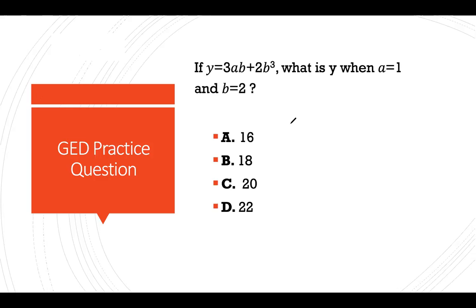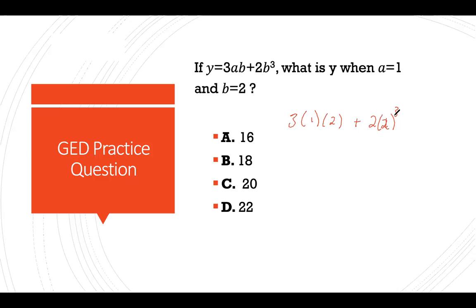Jules, yeah, it is replacing, right? We replace the letters with the numbers. So instead of a, I'm going to write 1. Instead of b, I'm going to write 2. So I have 3 times 1 times 2 plus 2 times 1 cubed. Oh, sorry, 2 cubed, excuse me. b is 2, right?